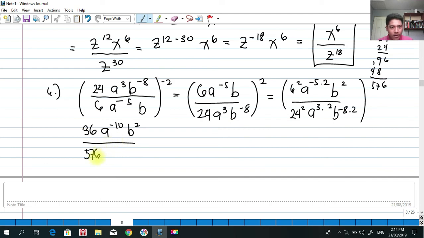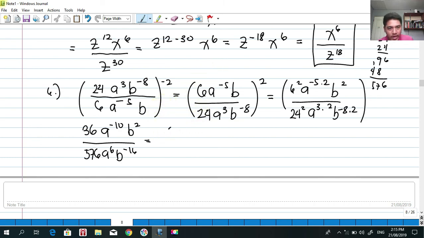So we have now a raised to 6, b raised to negative 8 times 2, negative 16. We need to simplify this one. So we have 36 over 576. If we divide 576 by 36, we should get 16.